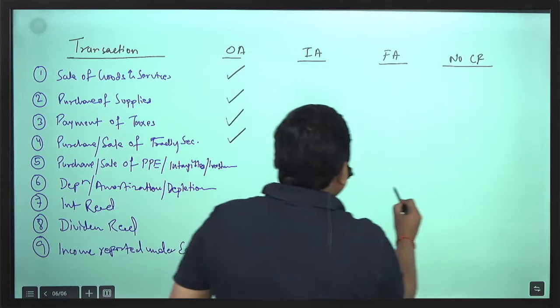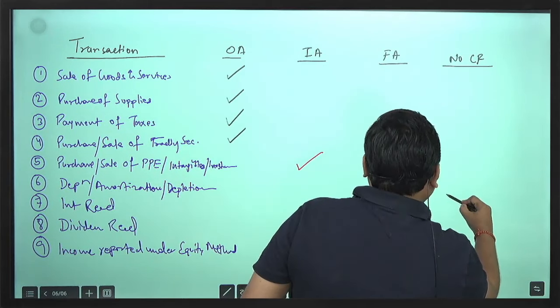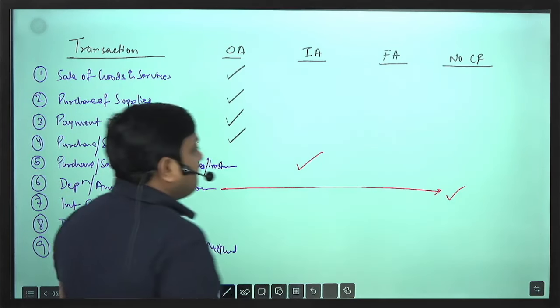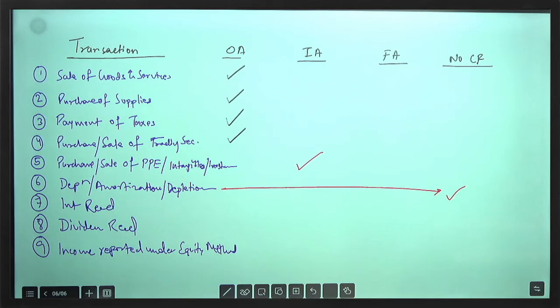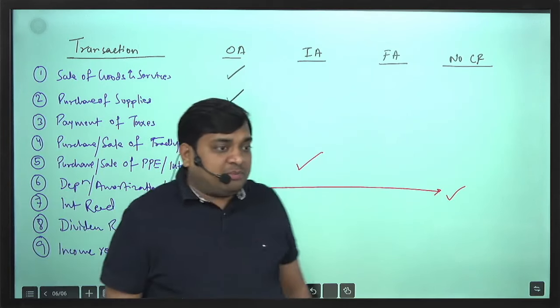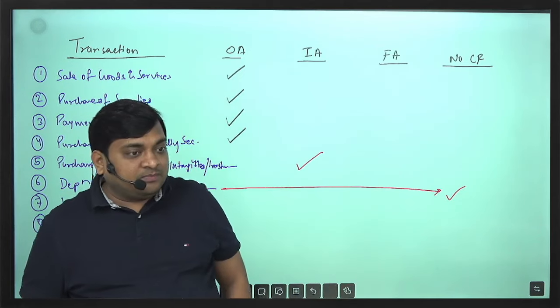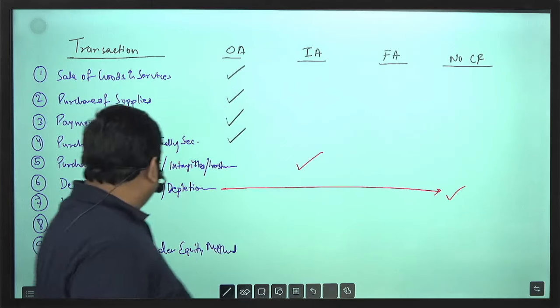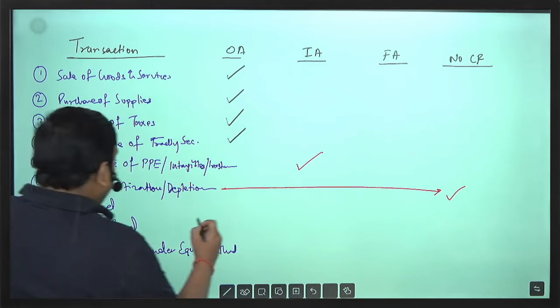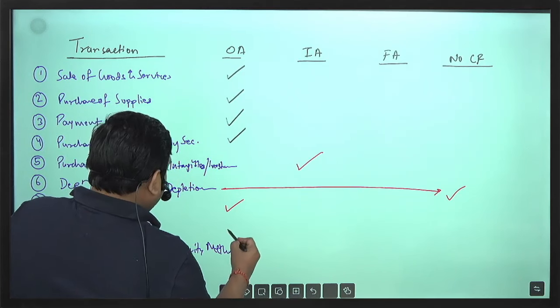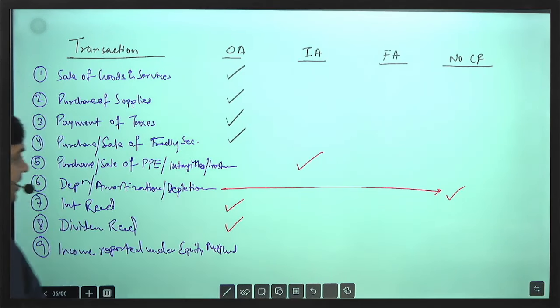This is not a cash flow. It's a non-cash item. No, cash is not going because of depreciation. Interest received is operating. Dividend received is also operating.